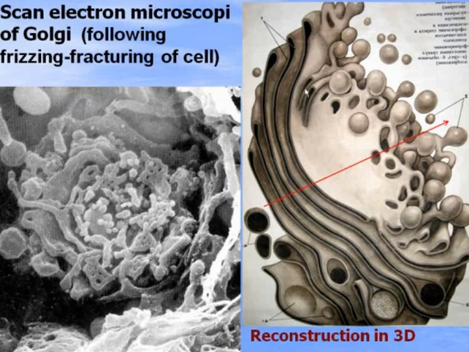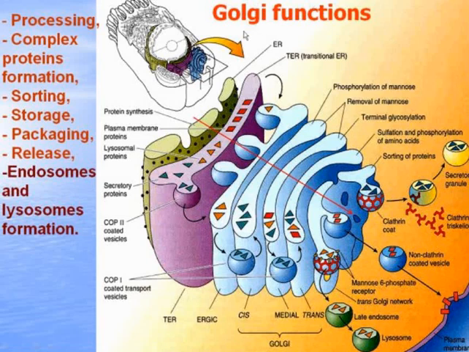And this is a reconstruction of the Golgi complex in 3D. You see the flat cisterns, cis and trans face, vesicles which enter the cis face, and vacuoles which exit the trans face.